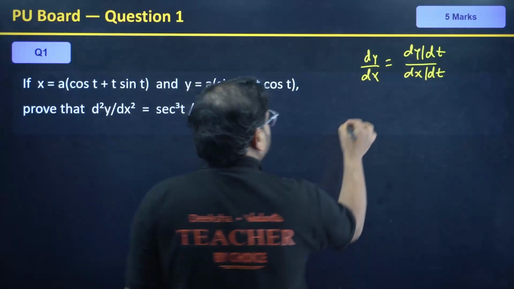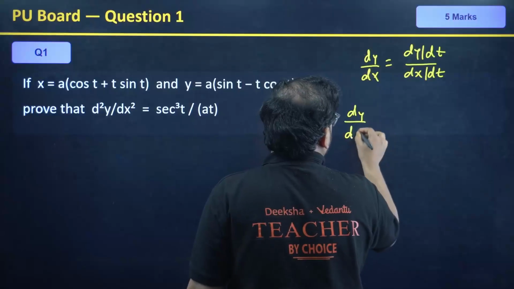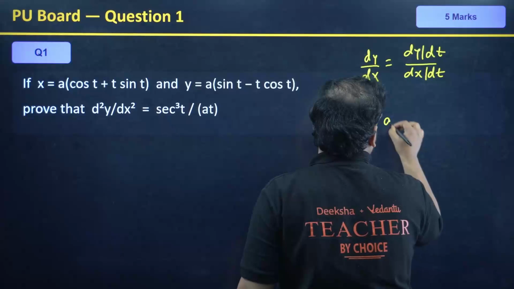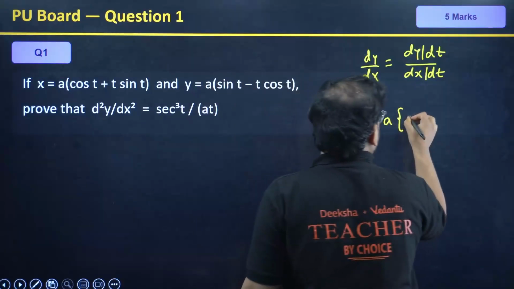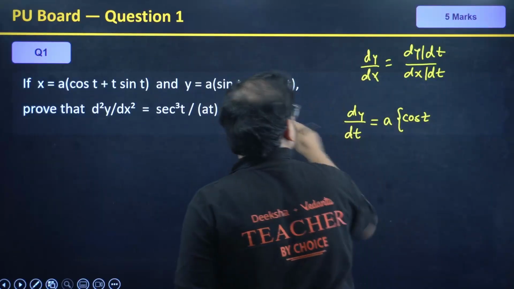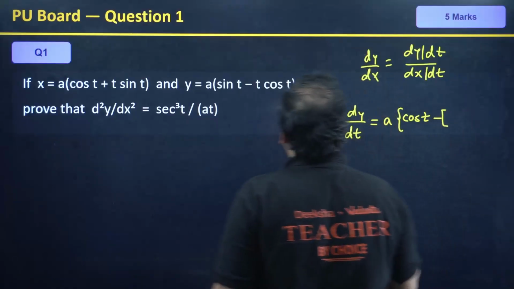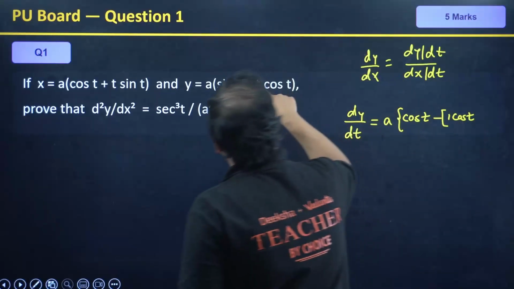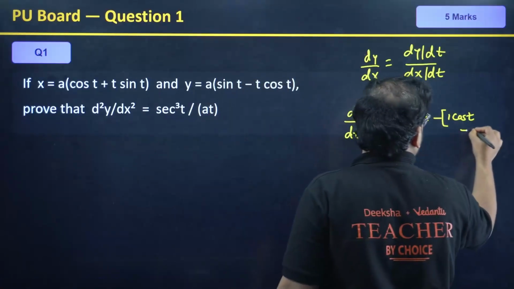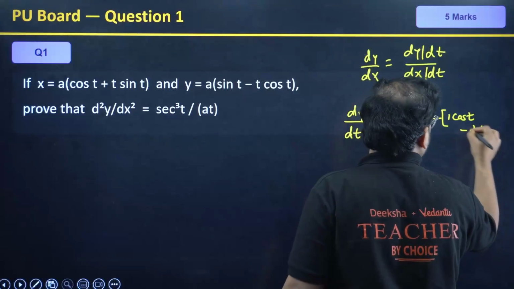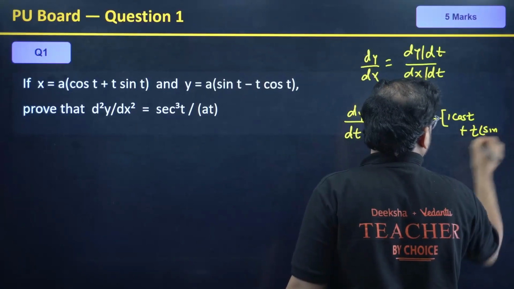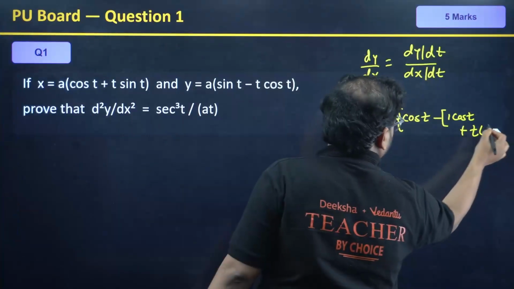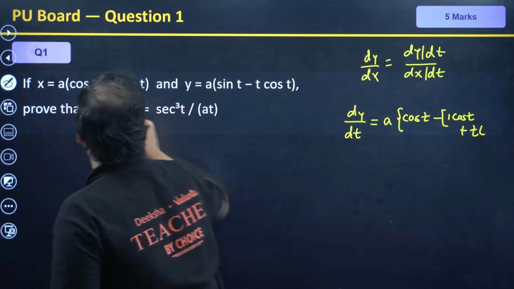Okay. So let's start with dy by dt. y is over here. a is a constant. We'll keep a outside. Sin becomes what? Cos t. There's a minus sign. Put a minus sign. t will be 1. So we'll write here 1 times cos t. Next will be what? t as it is, cos becomes minus sin.